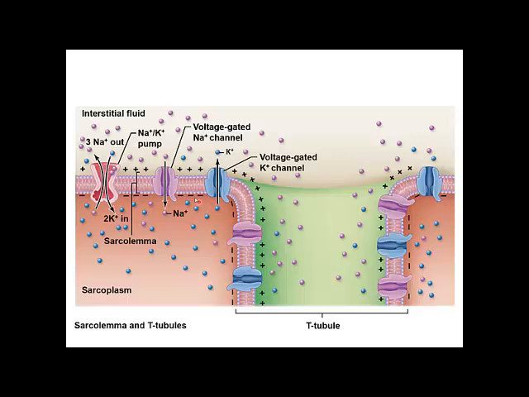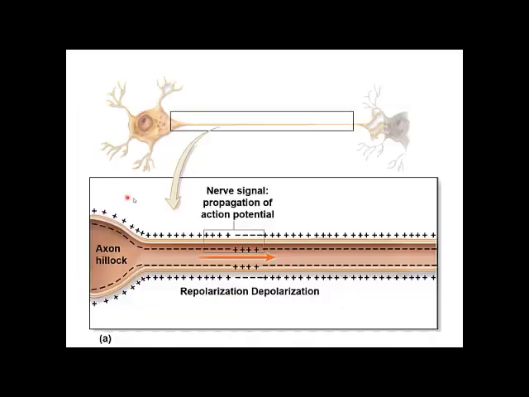Once we have our depolarization phase and the sodium channels close, our voltage-gated potassium channels will open up. Potassium is driven the opposite way by diffusion, so potassium will go from the inside to the outside. This has the effect of resetting our inside depolarized state back from positive to negative. The overall effect here is our wave of depolarization, traveling from one end of the cell down to the other.